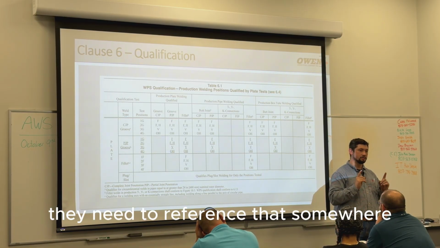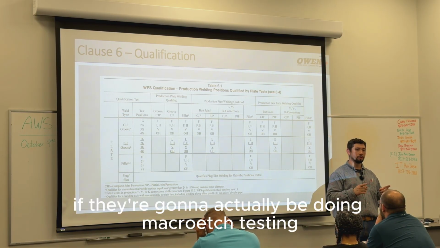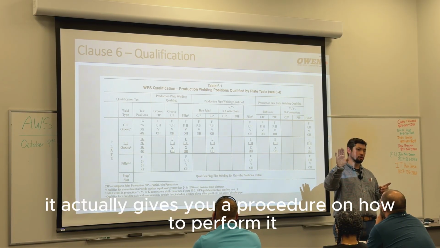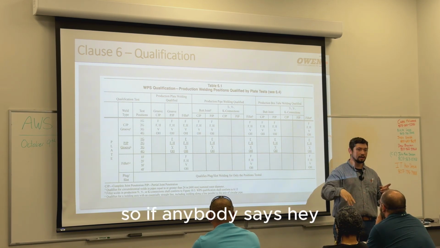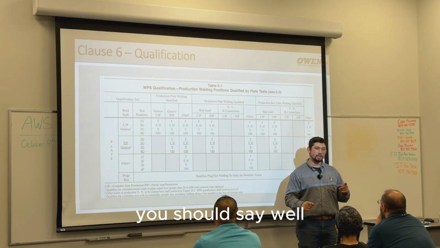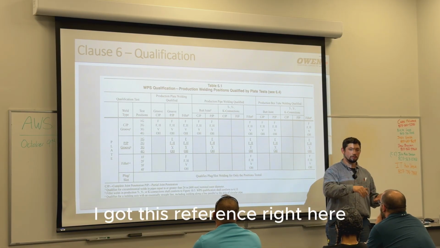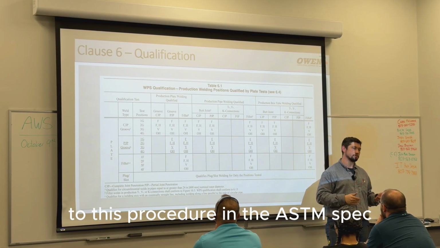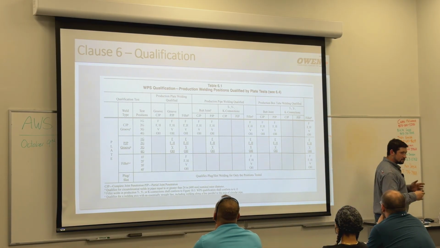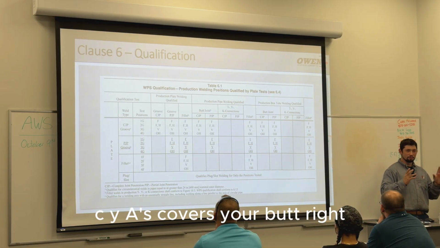They need to reference that somewhere if they're going to actually be doing macro etch testing, because in that spec, it actually gives you a procedure on how to perform it. So if anybody says, hey, what did you do this testing in accordance to? You should say, well, I got this reference right here to this procedure in the ASTM spec. And it basically CYAs, covers your butt, right?